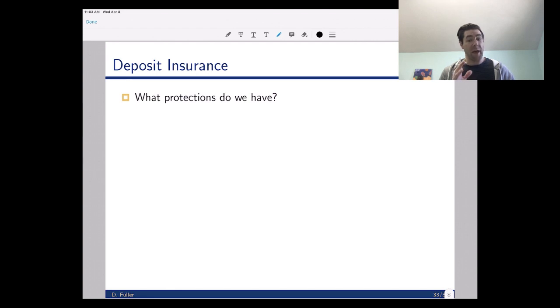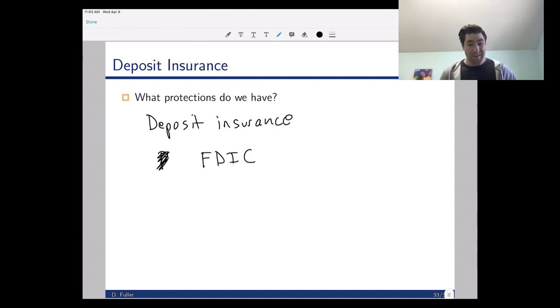So what protections do we have? The main one, the one that should make you feel very, very secure keeping your money in a bank, is federal deposit insurance. If you go to a bank, you may have noticed a sign out front that says something about FDIC.